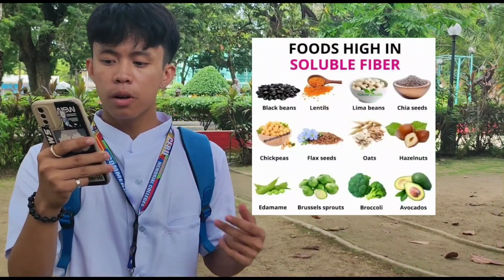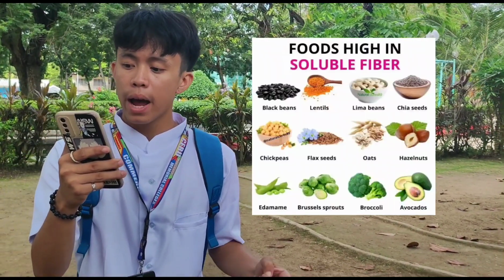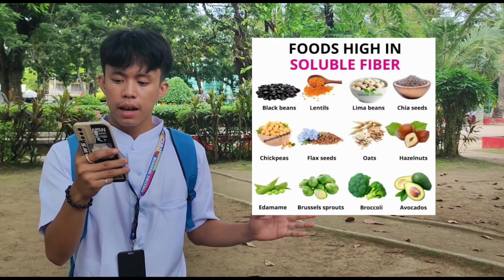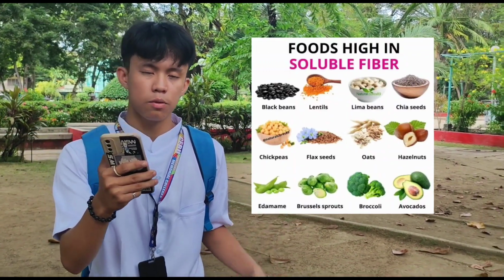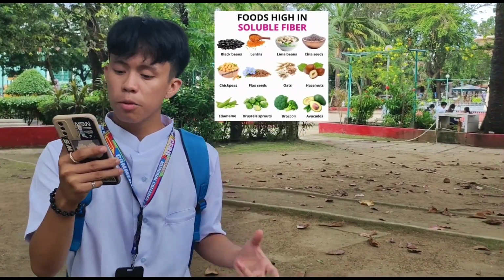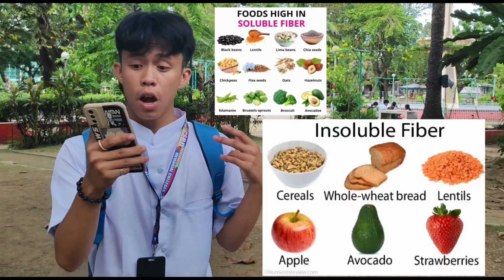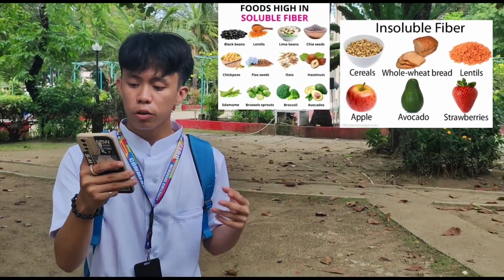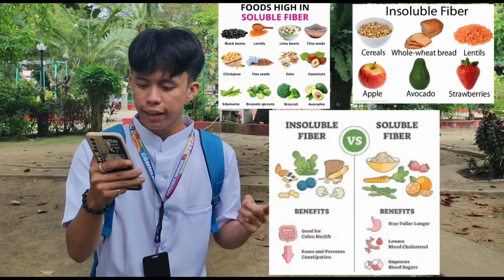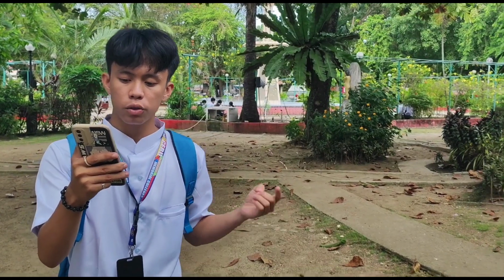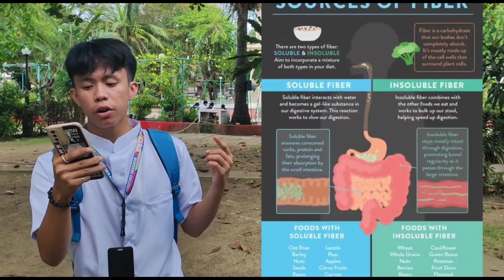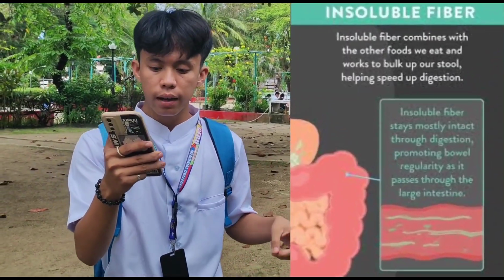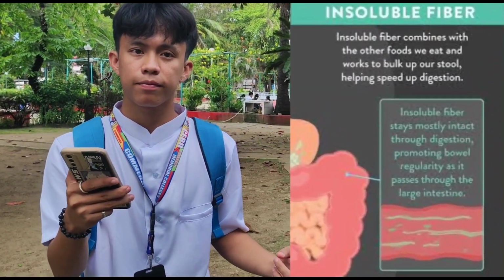Specifically, soluble fiber is found in oat bran, barley, nuts, seeds, beans, lentils, peas, and some fruits and vegetables. While insoluble fiber is found in foods such as wheat bran, vegetables, and whole grains, and it adds bulk to the stool and appears to help food pass more quickly through the stomach and intestines.